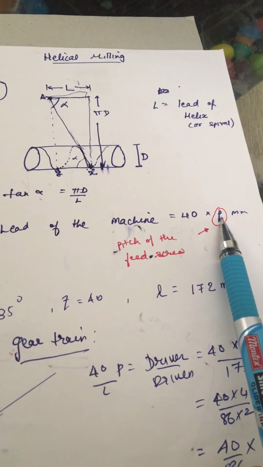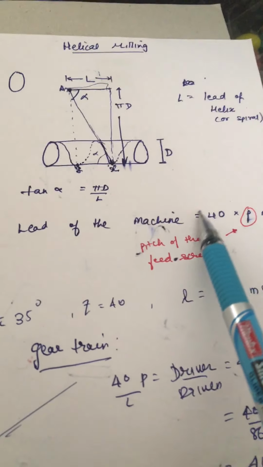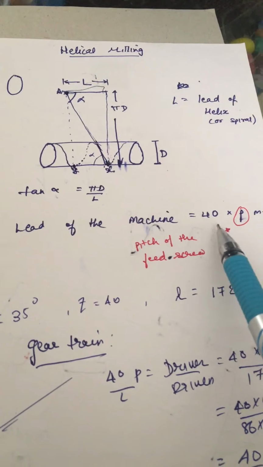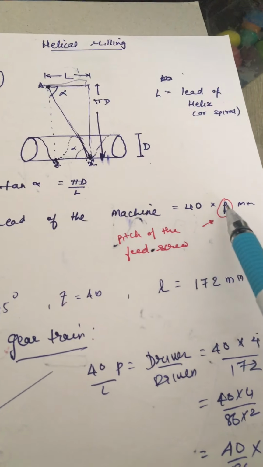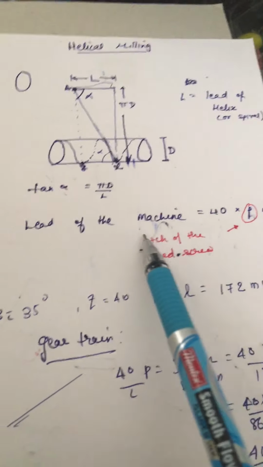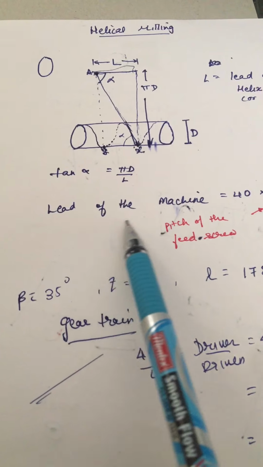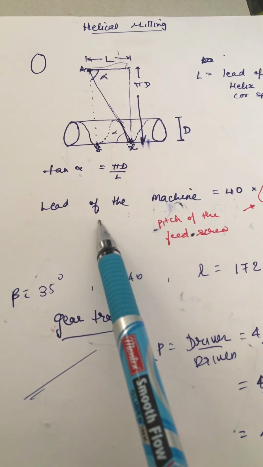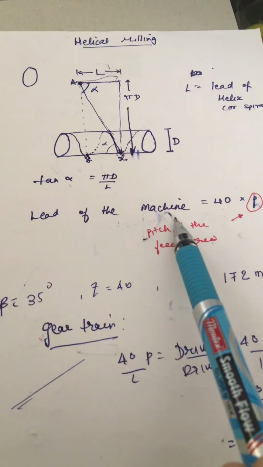But since the index crank rotates 40 times, the pitch must be multiplied by 40 to get the exact distance the table travels. This is what we call the lead of the machine.